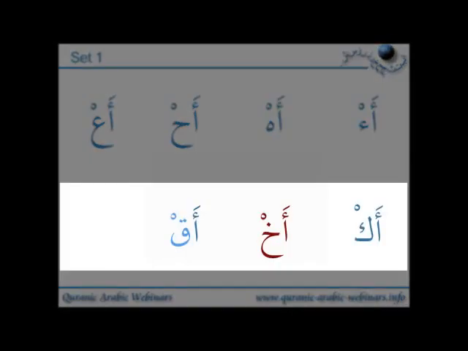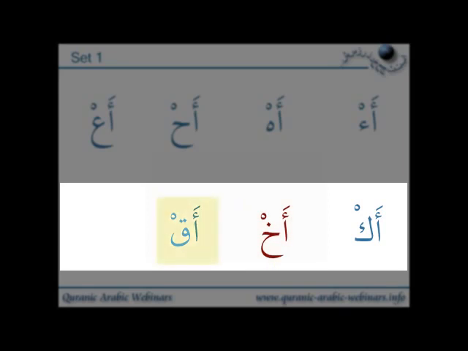The next line is the kaf, the kha, and the qaf. So again, these need to be differentiated. The first one, the kaf, is very soft, so it will simply be ak, ak. The kha, again, is tafkhim, so this will be akh, akh.